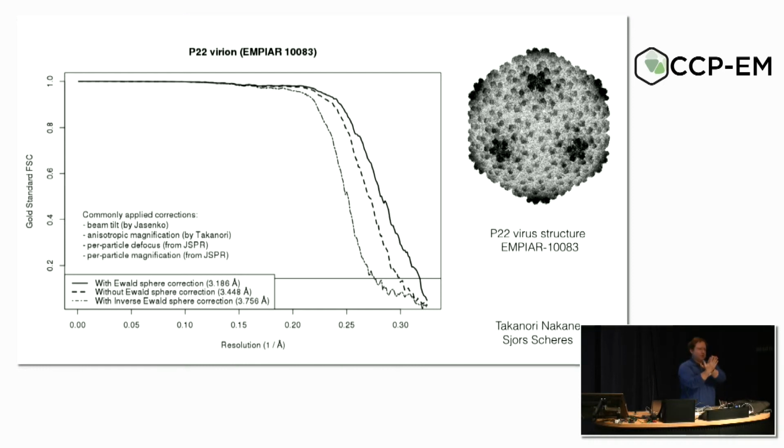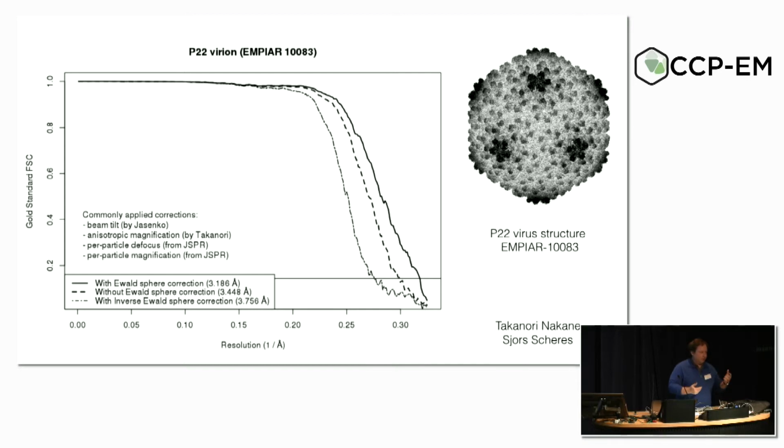So how can you tell the projection of a handed molecule is one way or the other? You can't. There's a symmetry problem there. But the Ewald sphere is not symmetric. It breaks the symmetry. And therefore, when you process the data in this way, you actually get the handedness for free, right? Because these terms that you're populating Fourier space with when you do the reconstruction are all going in the correct position in Fourier space, and they're doing so asymmetrically.